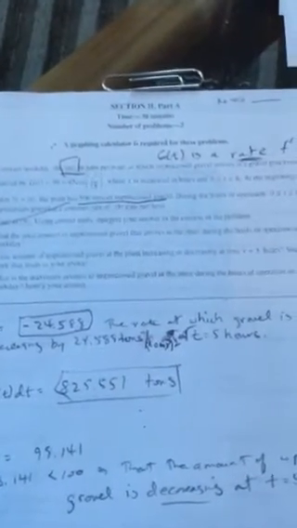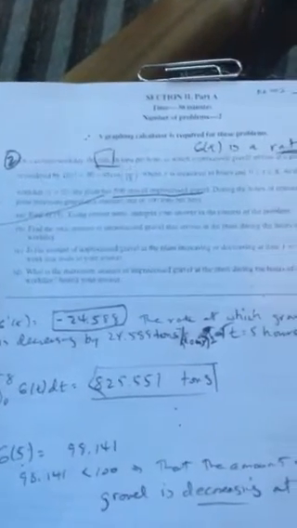Moving on to number 2. This is a classic in-out problem where the amount of unprocessed gravel arriving, and again, that's a rate, g of t.